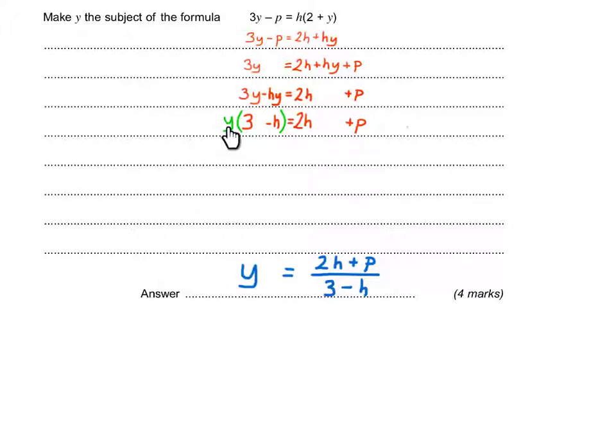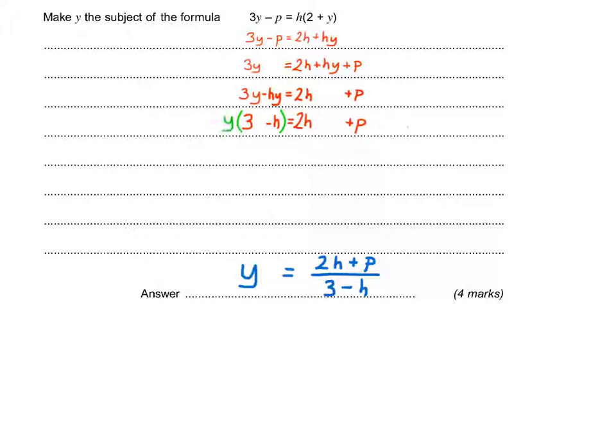And then y times what will give minus hy? And the answer is minus h. So minus h goes in the bracket. So factorised, that's y brackets 3 minus h equals 2h plus p.